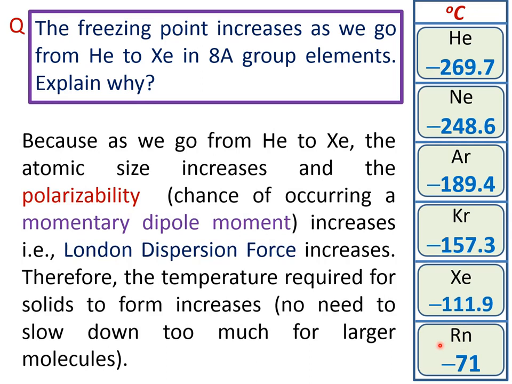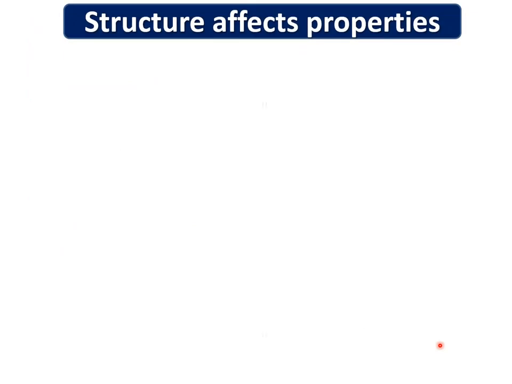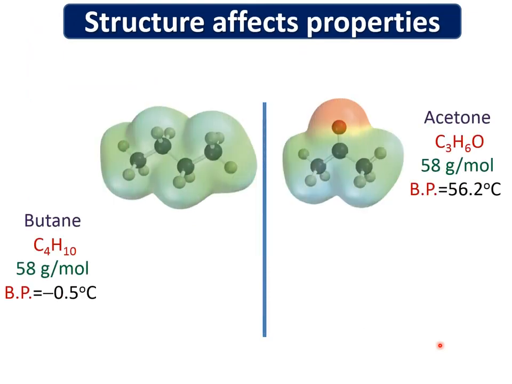Structure can also affect the properties. This is butane and this is acetone. Butane is a pure hydrocarbon with a molar mass of 58 grams per mole, the same as acetone. But in the structure of acetone, oxygen is connected to carbon, which may increase the opportunity for London dispersion forces.